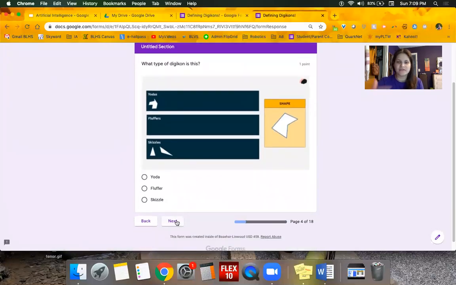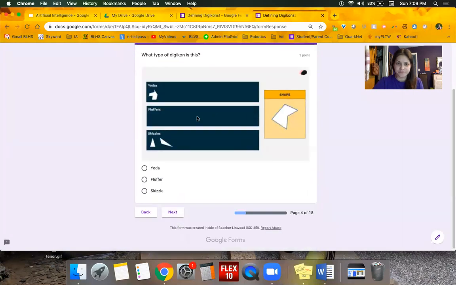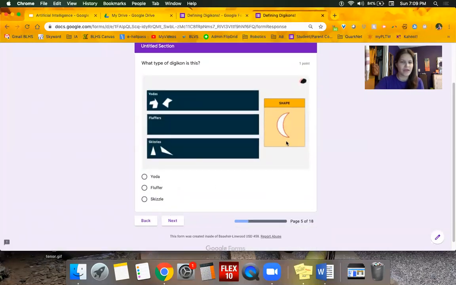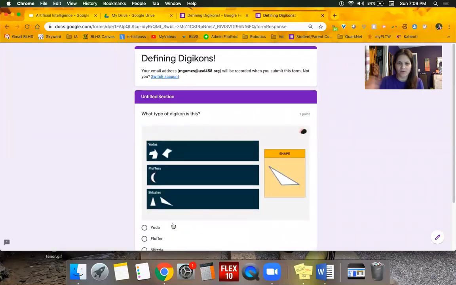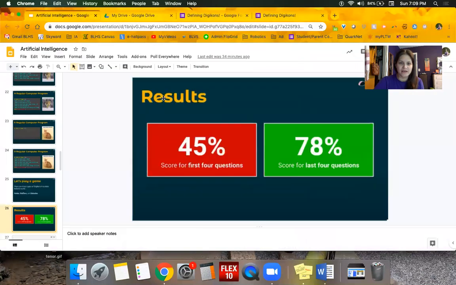And then as you go along, you can start to see that you can learn what category this is. Okay, so like this, that's a Yoda. And then this weird shape, well, we haven't had any fluffers yet. And this thing, it's round and it's got a red stripe around it. Maybe that's a fluffer. And so then you start figuring out what these different shapes actually mean. What's really interesting is as you go along, you're going to get better at it.